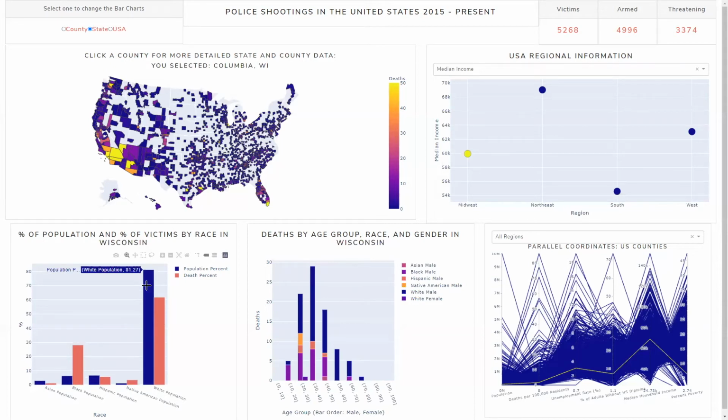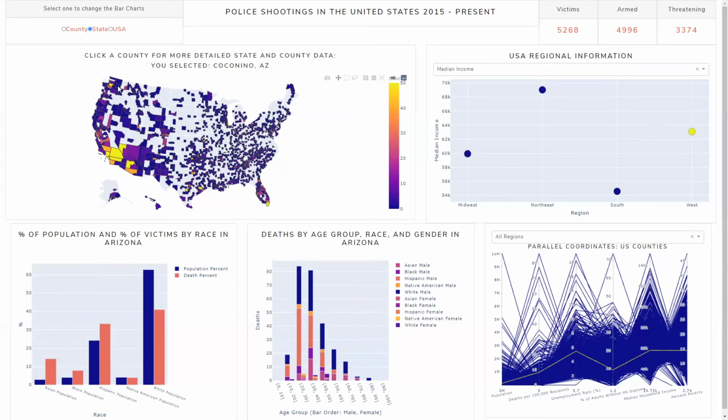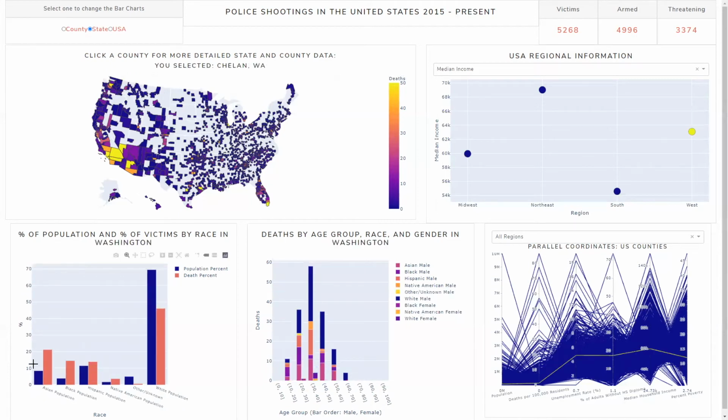And we can see that 81% of the population is white here. And we can see that 61% of the population that was killed is white. And we can do this for all the different populations across that county, and we can click into different counties and see how their percentages differ.